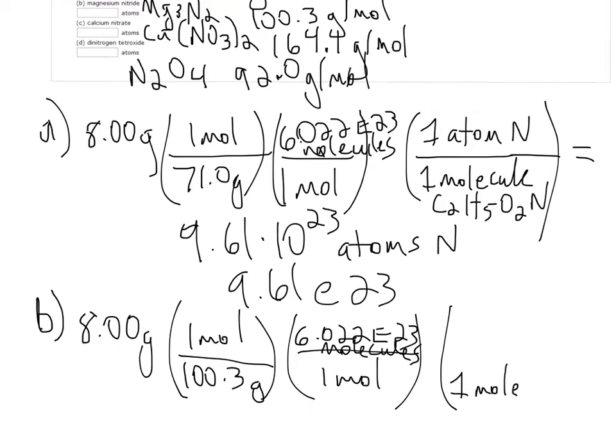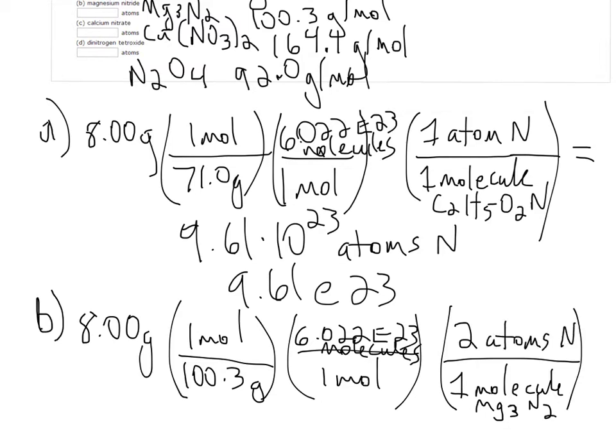If you look carefully at the formula for magnesium nitride, Mg3N2, you see that there are 2 atoms of nitrogen. This is really important for getting the right answer to this problem.